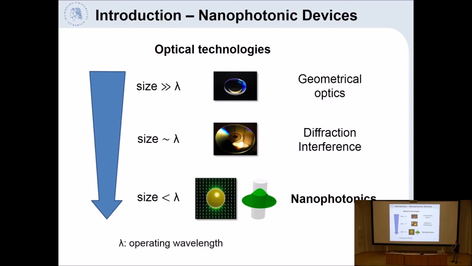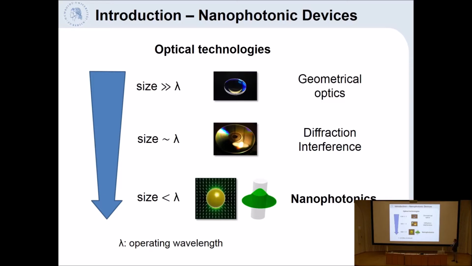To give an example, in the first part of my talk, I will be reporting on an experiment that we did about 4 years ago, where we coupled a gold nanoparticle, and the plasmonic mode of such a gold nanoparticle, to the light guided in an optical nanofiber, which is a dielectric waveguide with a diameter smaller than the wavelength of the guided light.